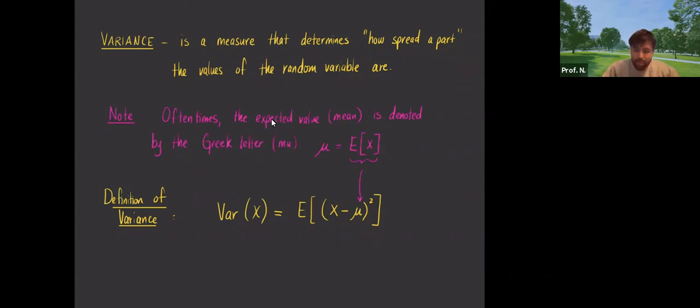That number represents the variance of x, which gives us a measure to explain how spread apart the values are with respect to the mean, which is the expected value.